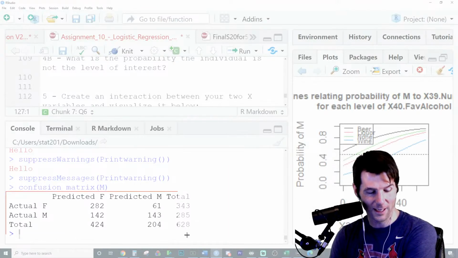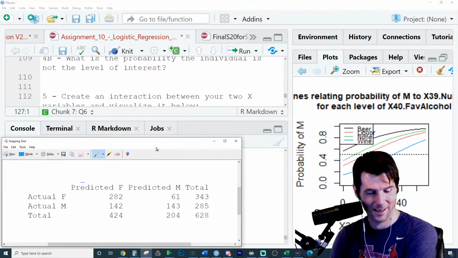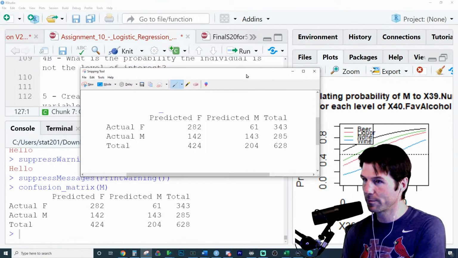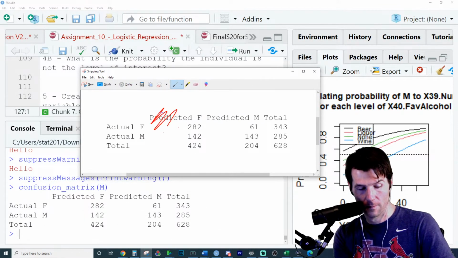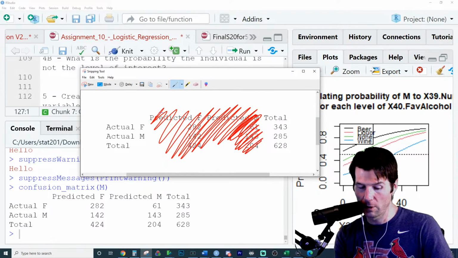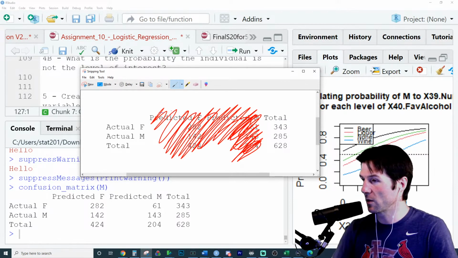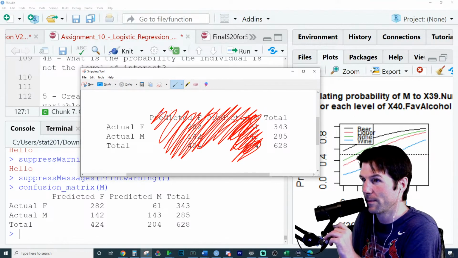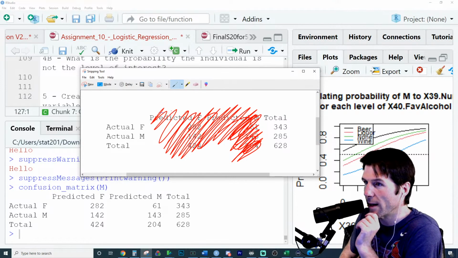Or 475. I can't even think. What will the naive model predict for everybody? I said predict, but it's a trick word in there. The naive model doesn't know anything about that. What would the naive model predict for everybody right here? And then how many would it get wrong?